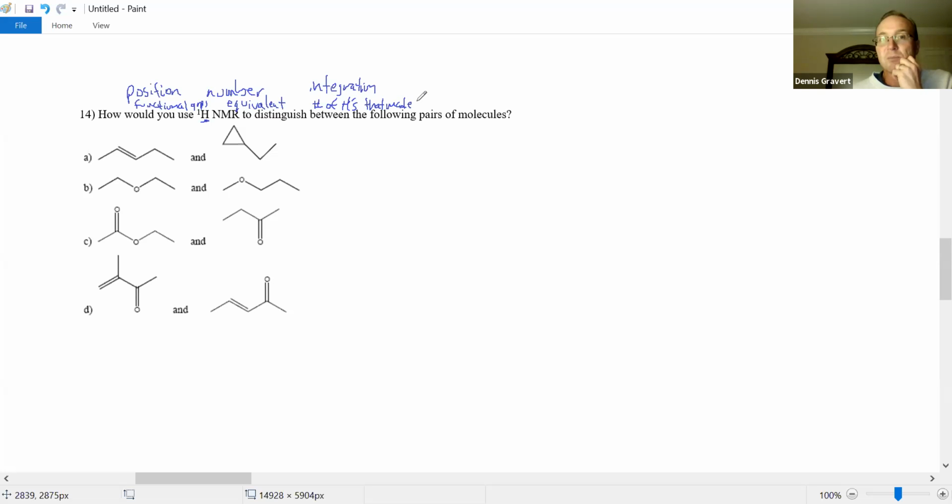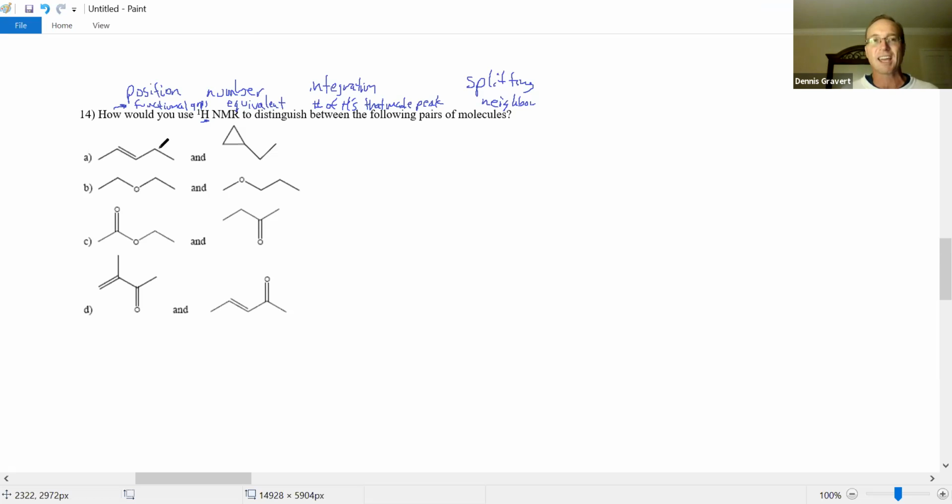And then maybe the most important detail is splitting, that tells you about neighbors. Oftentimes you can distinguish between these molecules just on splitting alone. So usually I look at that first. No, maybe sometimes I look at position. Maybe I pick out the functional groups first.